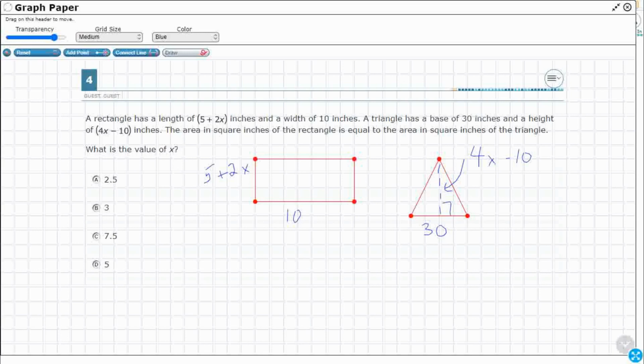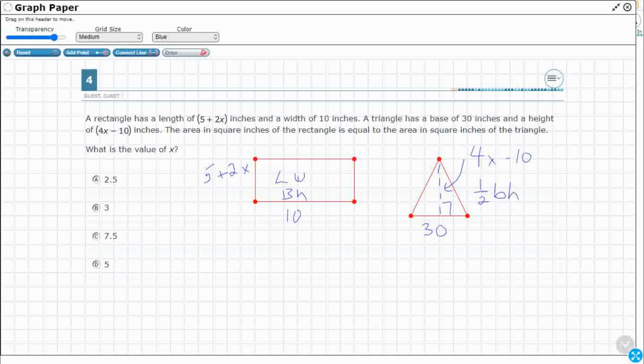The area in square inches of the rectangle is equal to the area in square inches of the triangle. What is the value of x? So we need the area. We have length times width for the rectangle, or you could call it base times height, and then we've got 1/2 base times height over here.